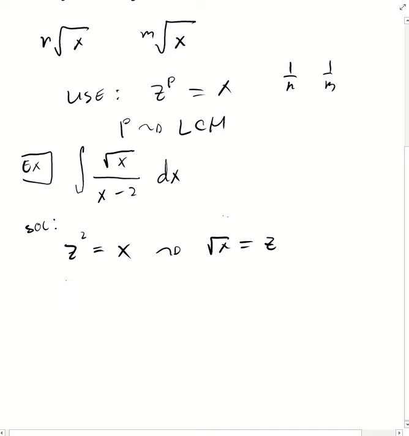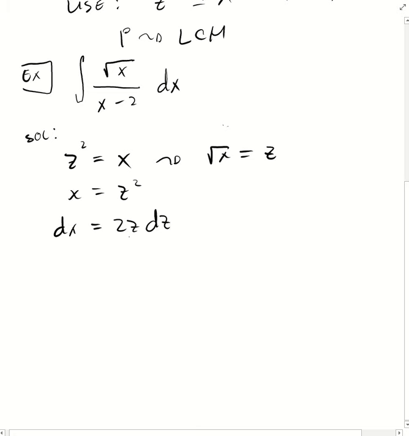Next we solve for dx, the derivative of x, which is the derivative of z squared. This is 2z dz. Now we convert all the x's into z's to complete our rationalizing substitution.